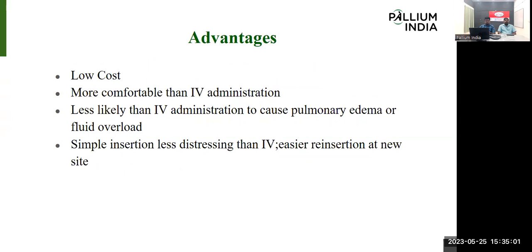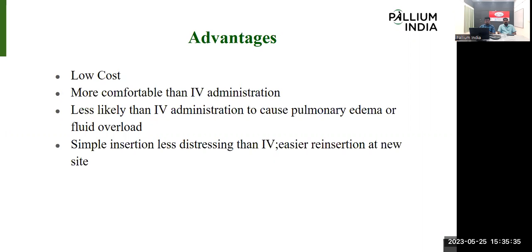There are some advantages of the subcutaneous injection or subcutaneous infusion. The first advantage is that it is very low cost, because as I already told, in the IV route, for any medication we keep an IV cannula. You can just check the IV cannula rate; you all know it very well, from 75 or 125, 150, some rates are there.